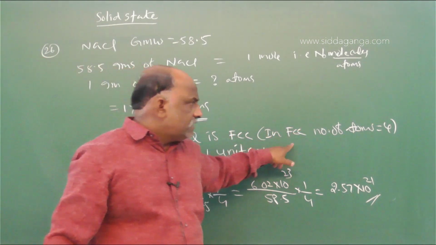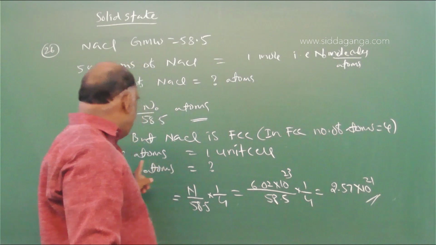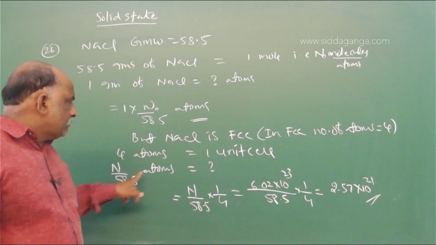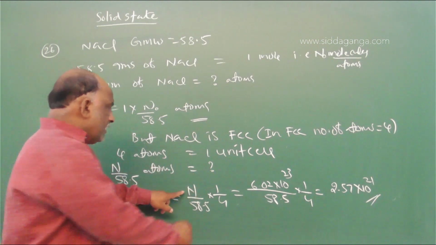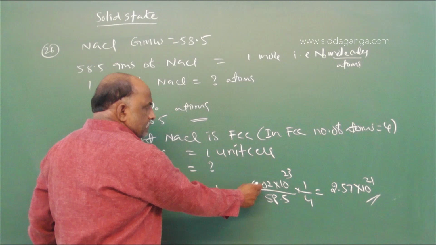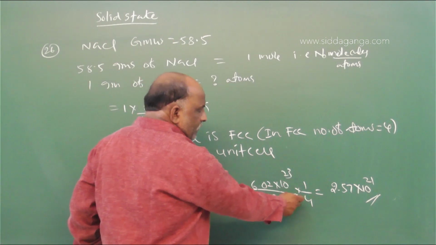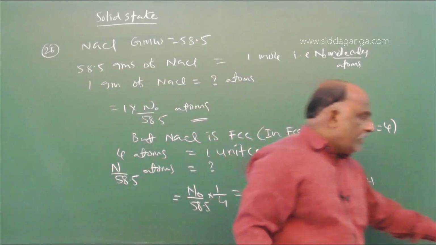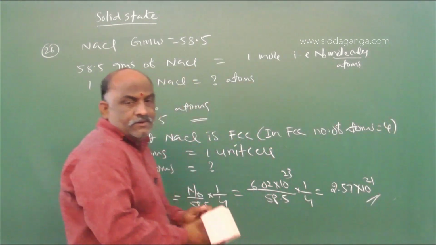In FCC structure, total number of atoms are 4. So 4 atoms is equal to 1 unit cell. N by 58.5 into 1 by 4 we should go with. And here 6.02 into 10 power 23 by 58.5 into 1 by 4. The answer is 2.57 into 10 power 21. It is the right option.